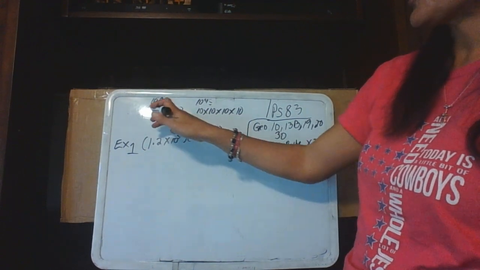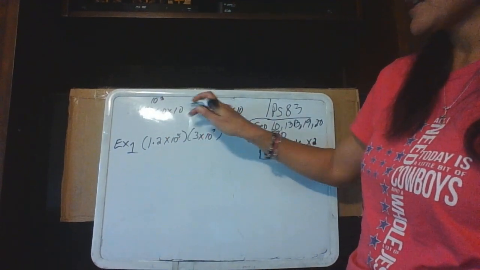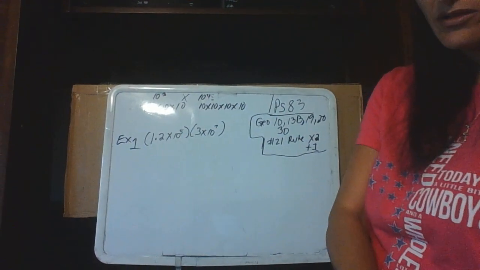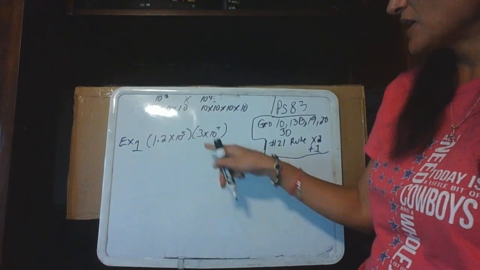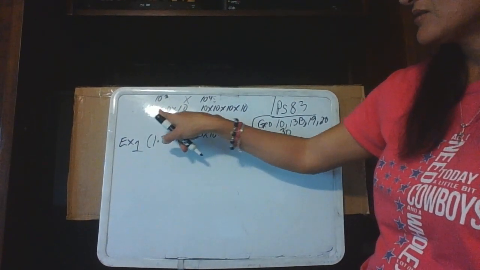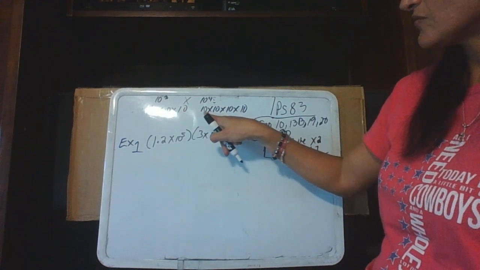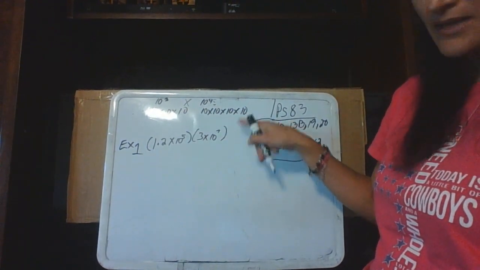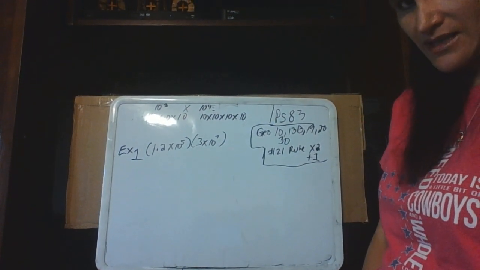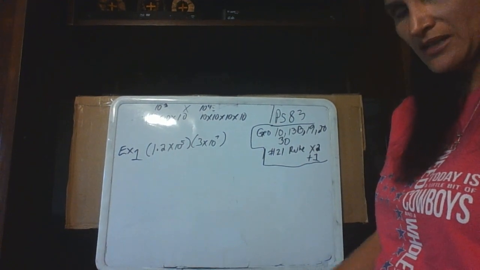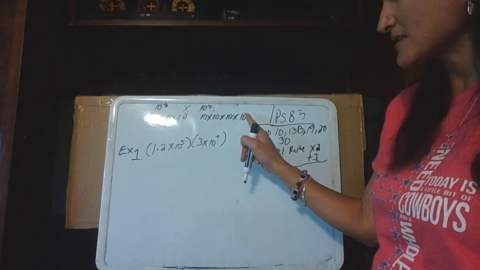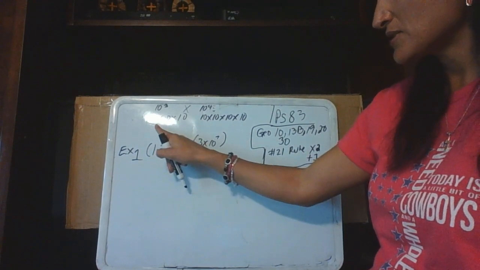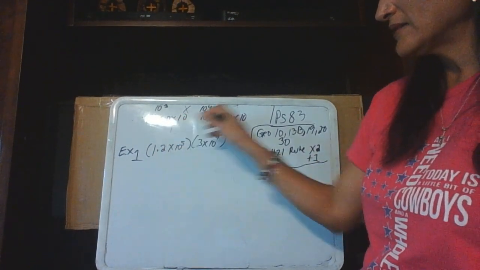Now, if I asked you to multiply these together, 10 to the third times 10 to the fourth, that's going to mean that I can add 1, 2, 3, 4, 5, 6, 7. I don't have to multiply 10 times 10 times 10 times 10 times 10 a lot of times. I know that instead I can just count my zeros and then put 1 and the number of zeros.